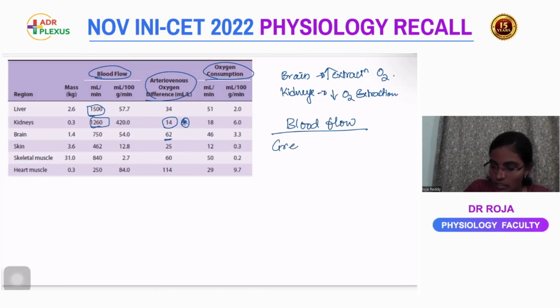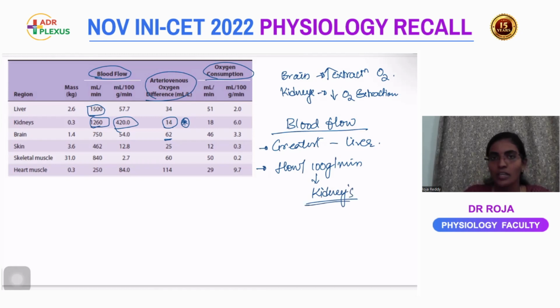If you look at the blood supply per 100 grams of tissue per minute, it is greatest at the kidneys, that is 420 ml per 100 gram of tissue per minute.